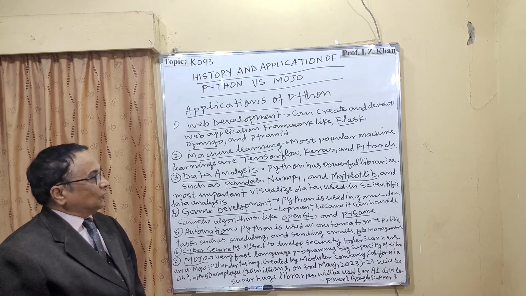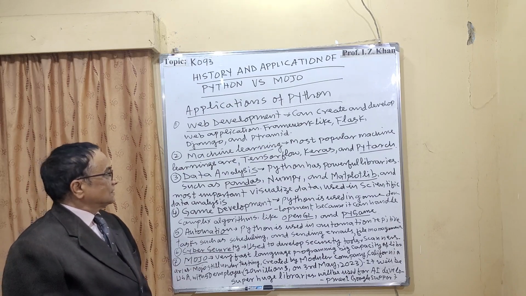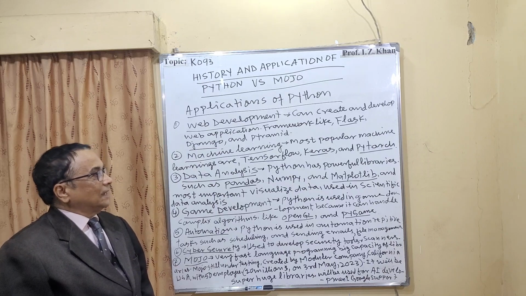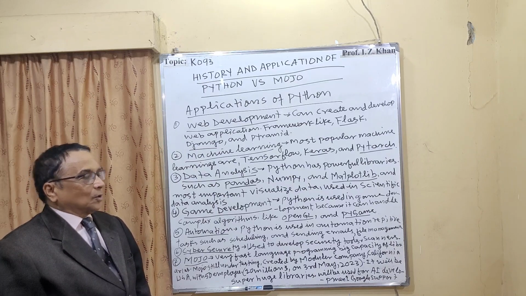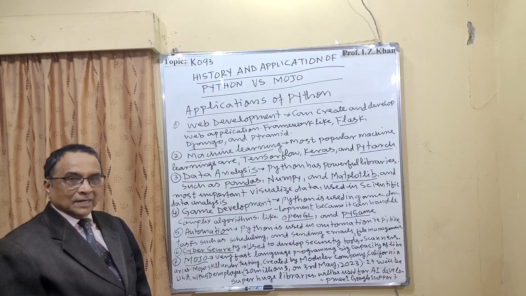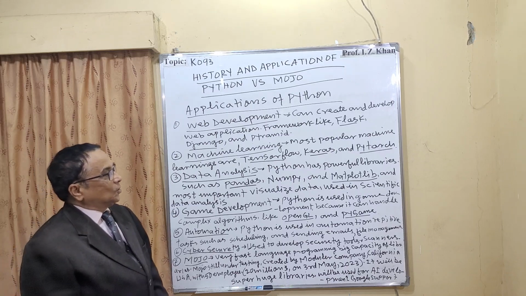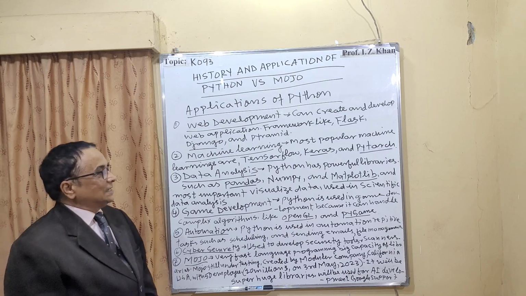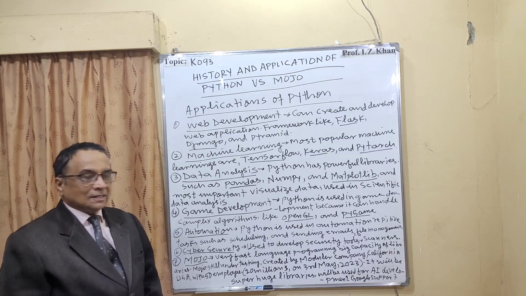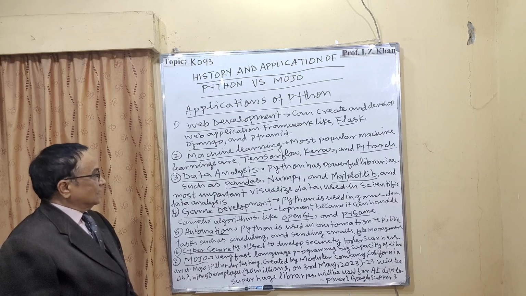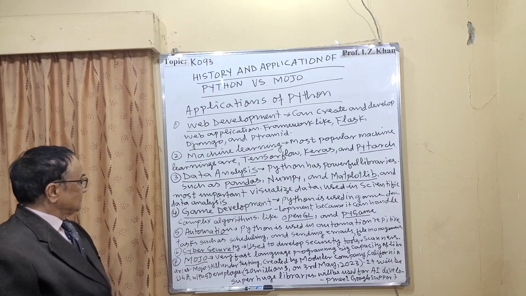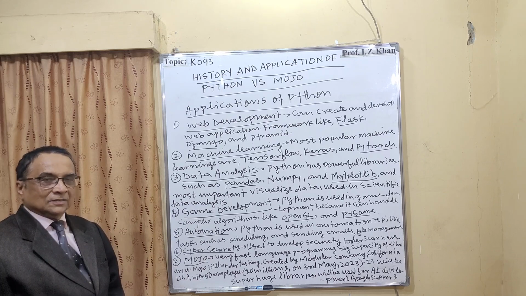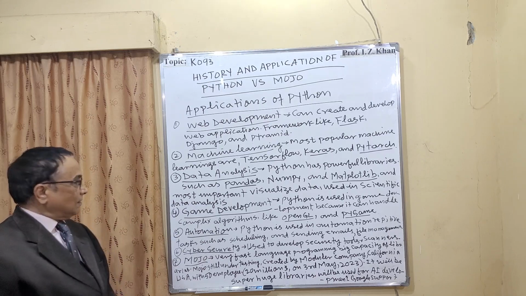Python has powerful libraries such as Pandas, NumPy and Matplotlib. Most important is visualizing data, used in scientific data analysis, and also in computing for students, for data computing, scientific data, all this.